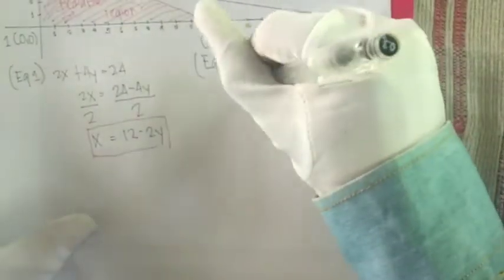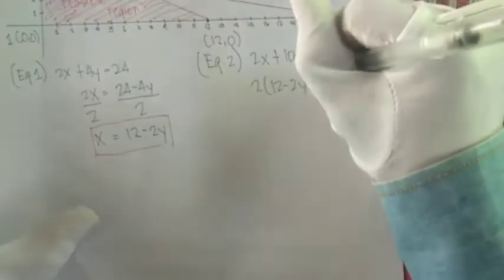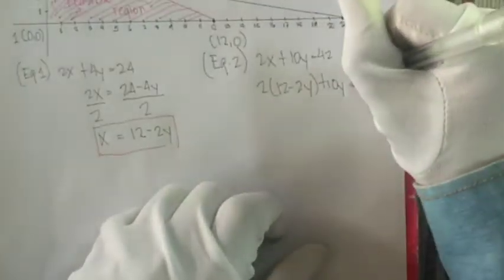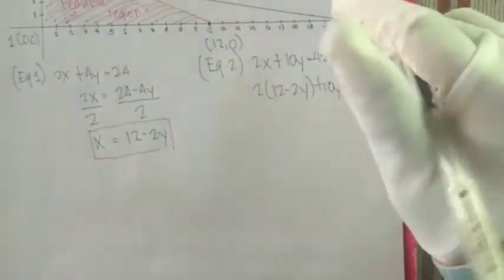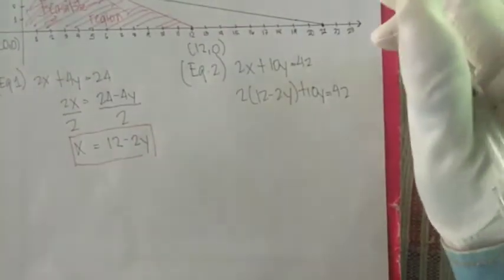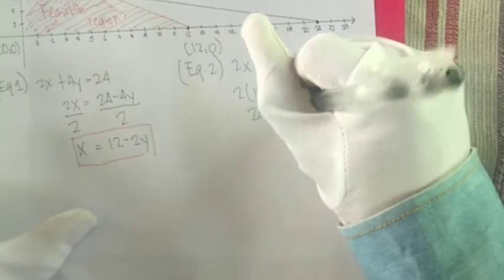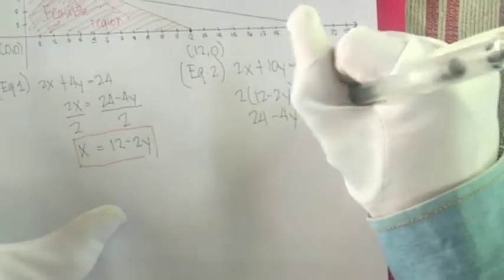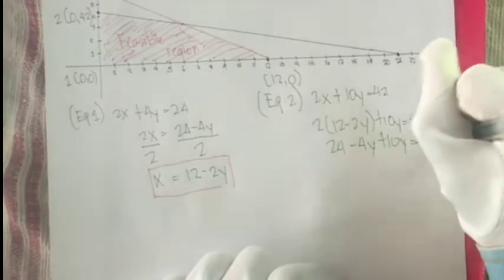So substitute the value of x: 2 times 12 minus 2y plus 10y equals 42. So 2 times 12 equals 24. Then 2 times negative 2y equals negative 4y. Then copy this one, plus 10y equals 42.